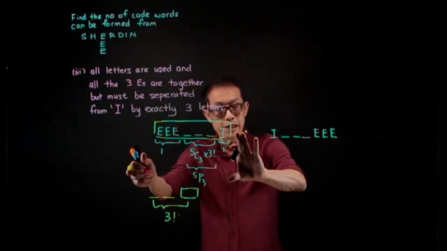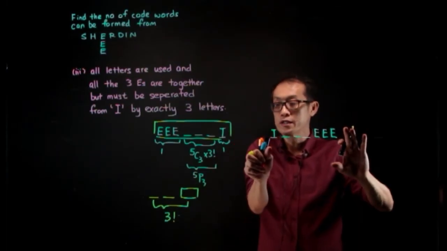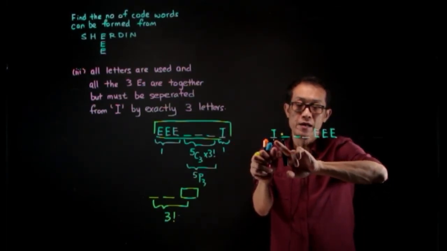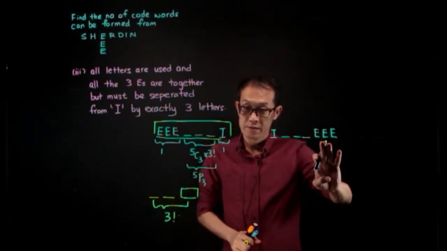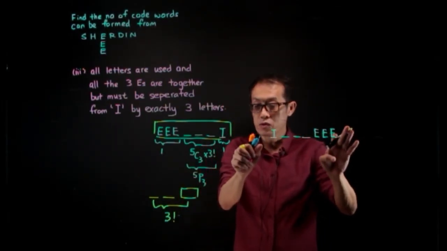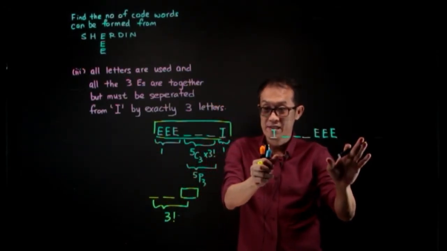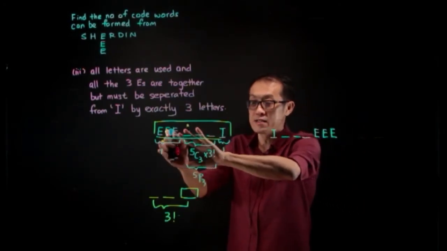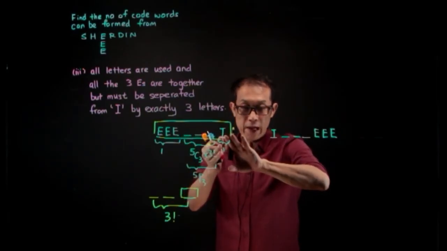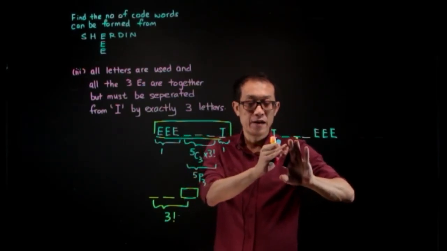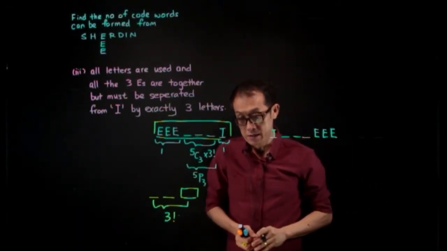Now, not forgetting that you can also arrange them in this order. Start with an I, followed by 3 alphabets, then 3 E's. It's exactly the same. So you find that this is repeated, but in a different orientation. Just now the 3 E's come first, followed by 3 different alphabets, followed by I. Now you have I, 3 different alphabets, and then you have 3 E's.